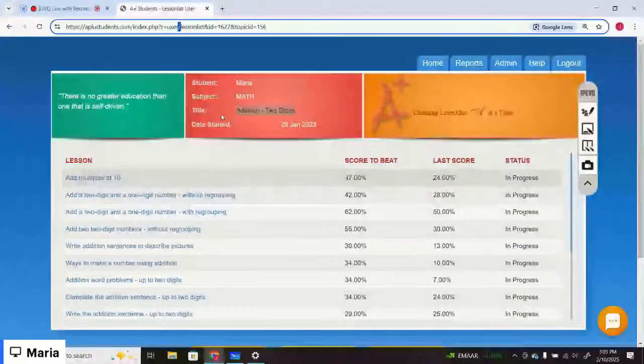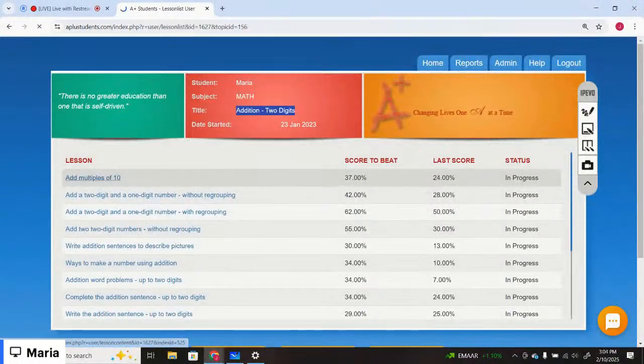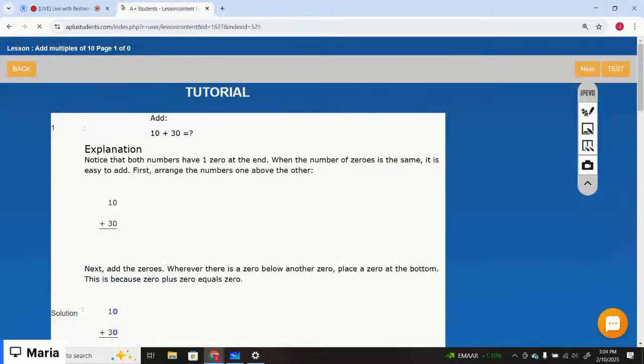Okay, so let's just start with the first lesson, that is add multiples of 10. So multiples of 10 means all the numbers that we can have when you multiply them with the 10. So 10 and 30. 30 is the multiple of 10, right?